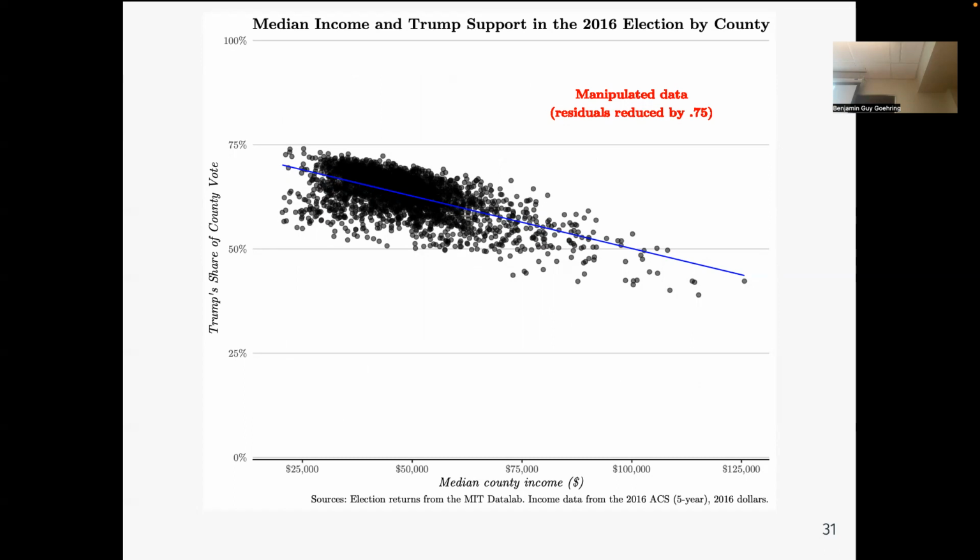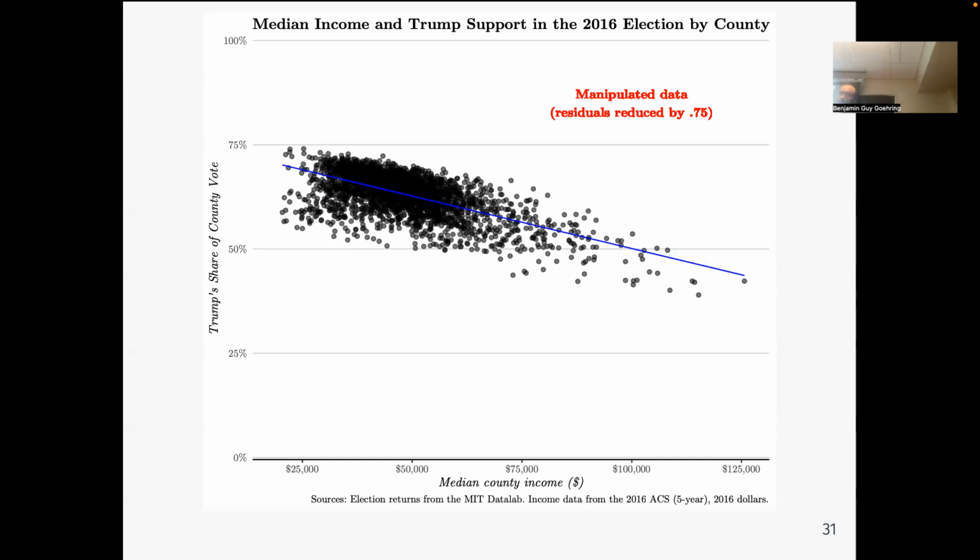Does that make sense? So you can have a really large, a really steep line through some data. And that in no way means inherently that it's a better result, a result that you can be more confident in. It might be a more interesting result because it has more of a substantive impact, but you could have a steep slope where there's a lot of variation in it. And you could also have that same thing where all the residuals are shrunk and you're more confident.